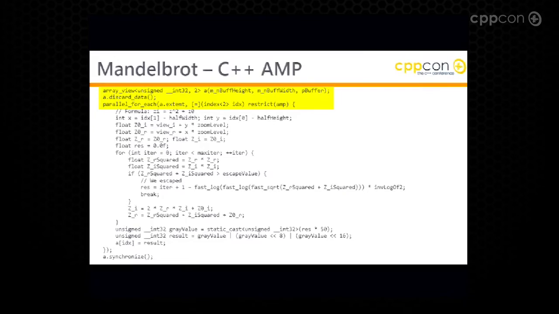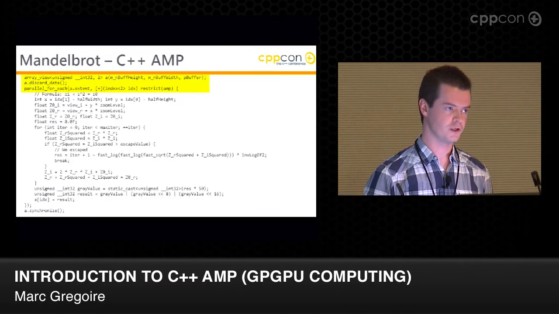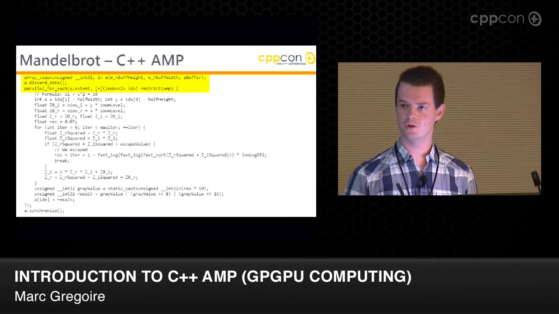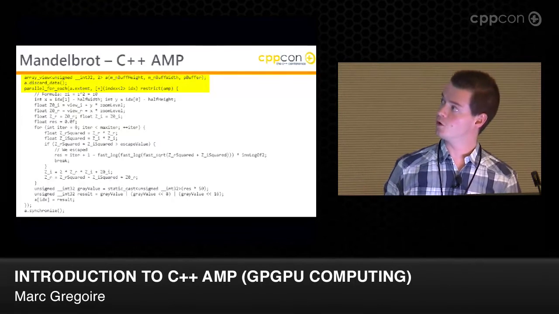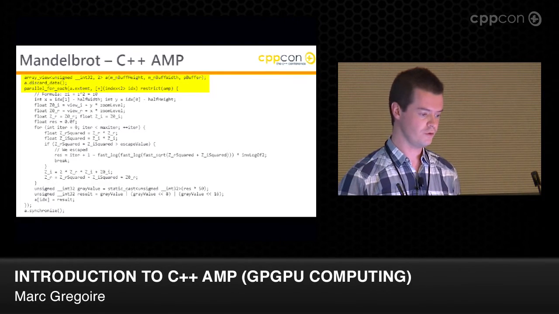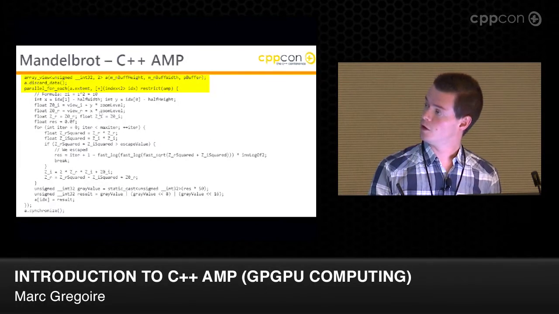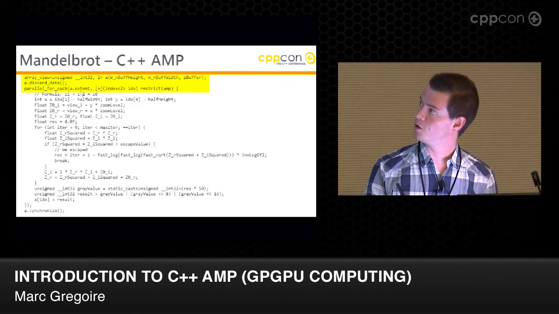First thing is we convert our array, our buffer, to an array view, so C++ AMP can use it. This one is just calculating a Mandelbrot image, so it's write only. So we immediately call discard data on our array view. Instead of parallel for, like for the PPL version, we call parallel for each.